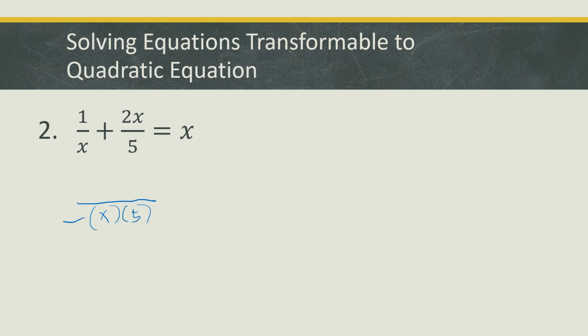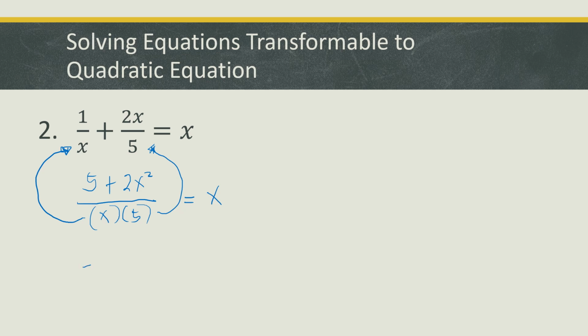So divide first x times 5 by x, and that will give us 5 times 1, and that is 5. Next, divide x times 5 by 5, and that will give us x times 2x, or 2x squared. Equate it to x.